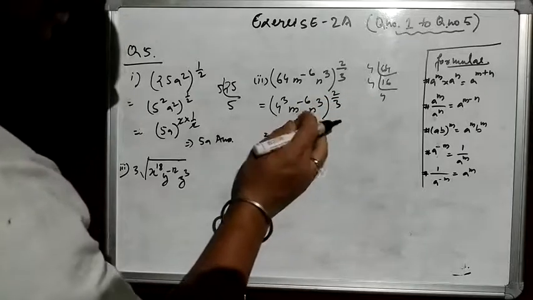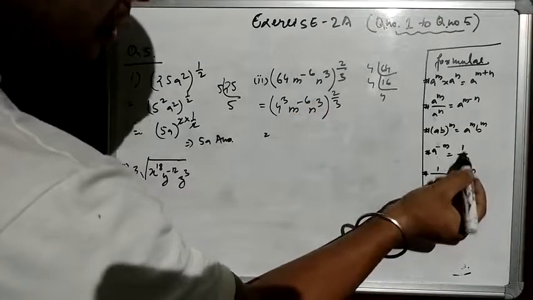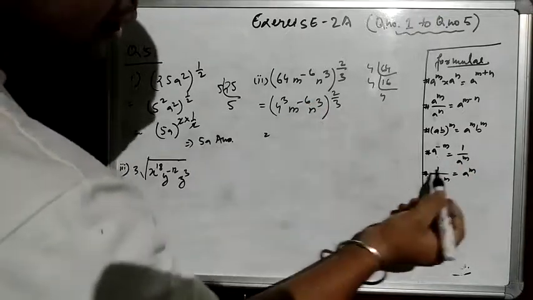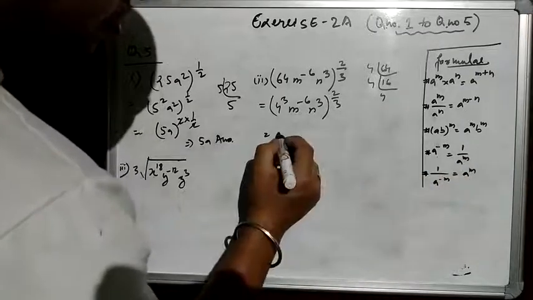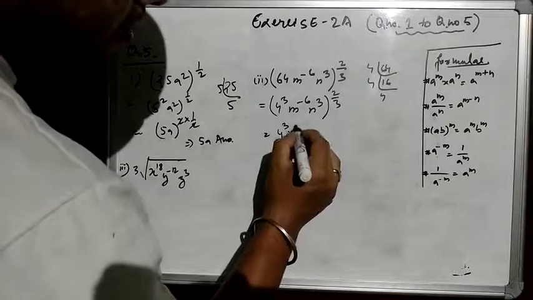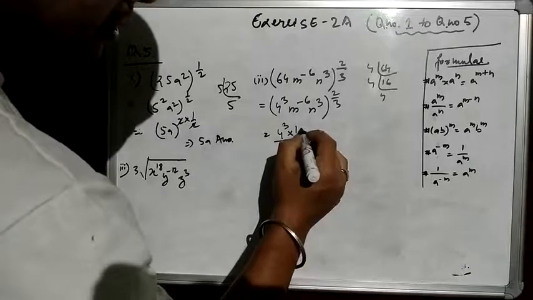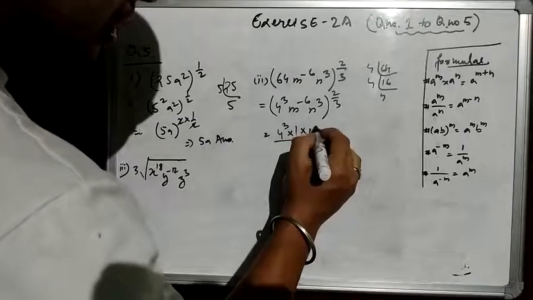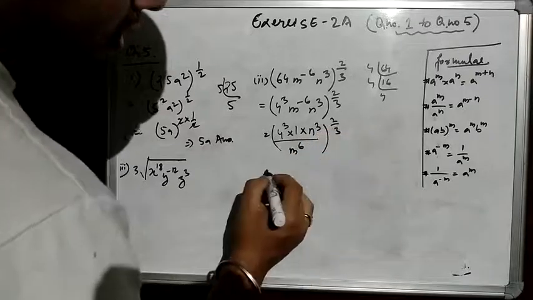In this case you see here m to the power minus 6 is there. So how will we write m to the power minus 6? a to the power minus m, how will we write? 1 by a to the power m. So we can write it as 1 by m to the power 6 into n cube, whole to the power 2 by 3.